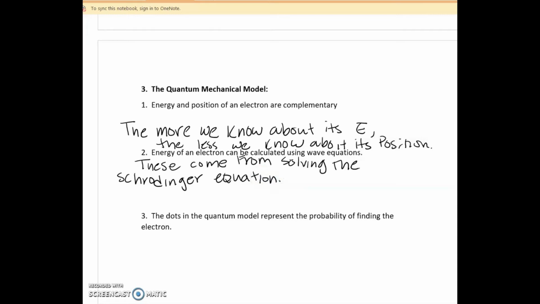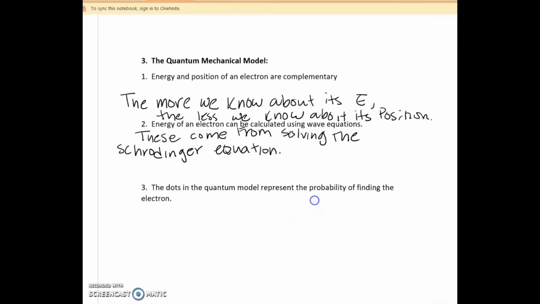So what is the wave function? We use the symbol psi, and it's a mathematical function that describes the wave nature of an electron.